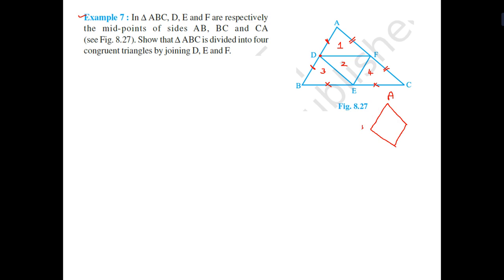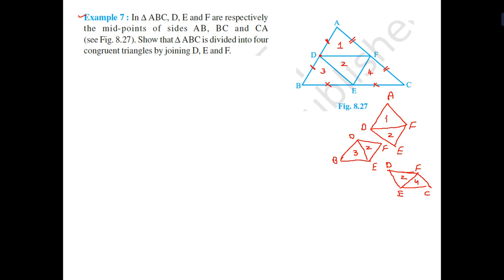So A, D, F and E. Another is D, B, F and E. And one more, D, F, E, C. So four parallelograms here they are generating, and according to the midpoint theorem, all four of these are parallelograms.